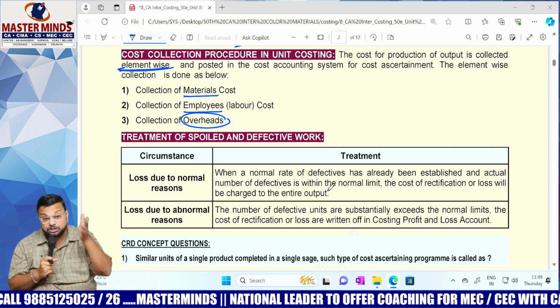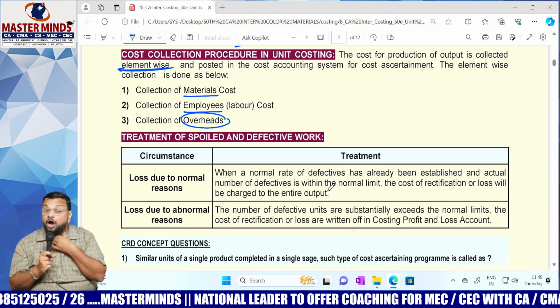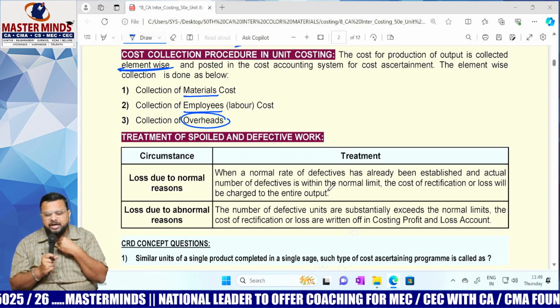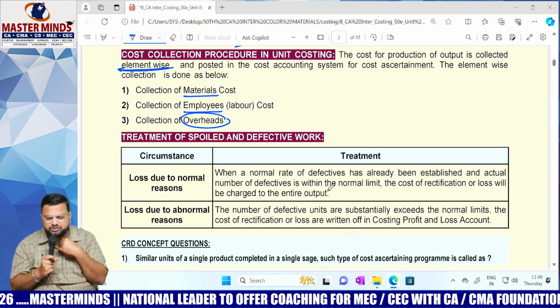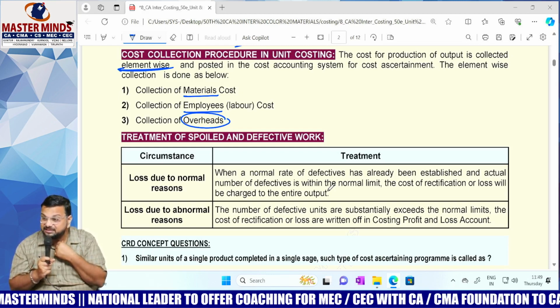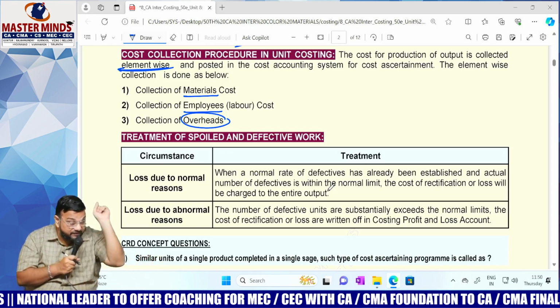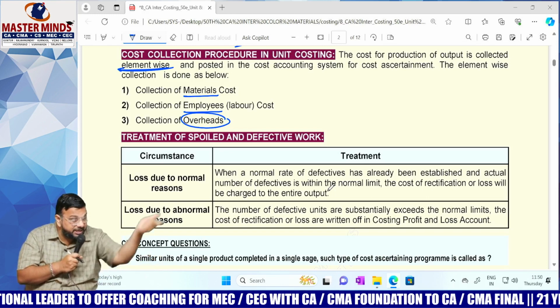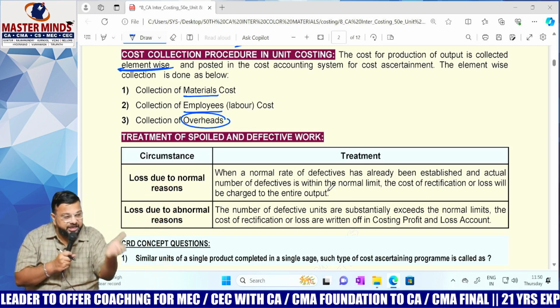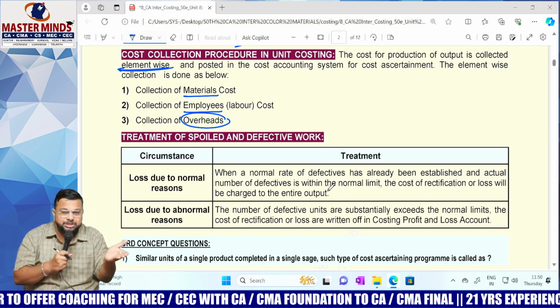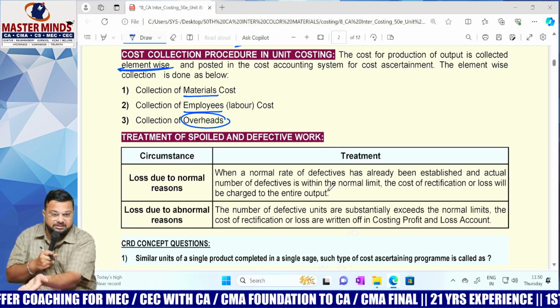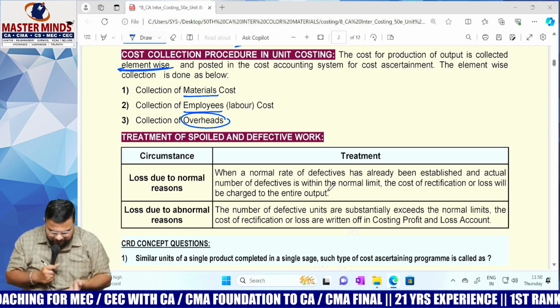See, in the cost sheet also we have seen it. Cost incurred for rectification of defective units will be shown as factory overheads. I have given the reasoning also, because rectification will be done in the factory. When you treat it as factory overhead, that means you are charging it to the customer, or it is borne by the company. The same thing is given here also, Nana.